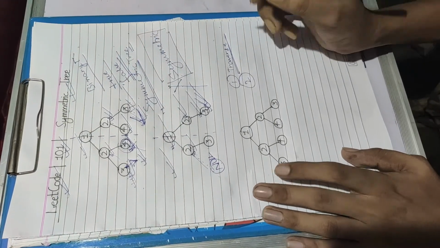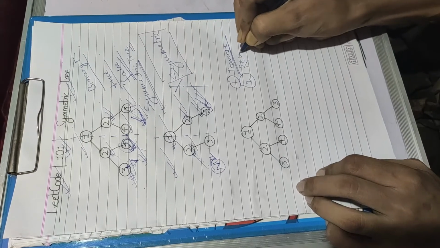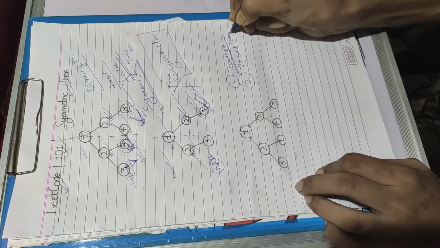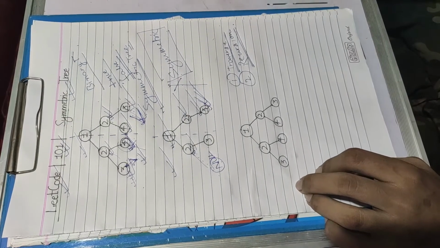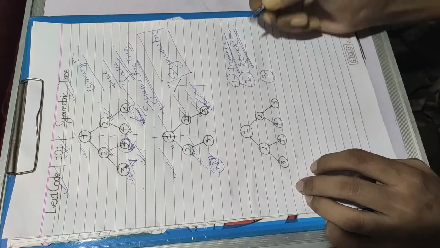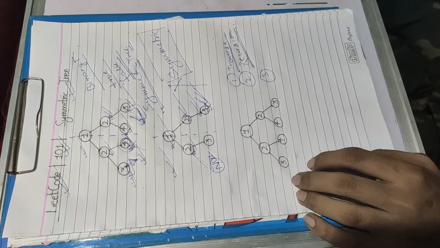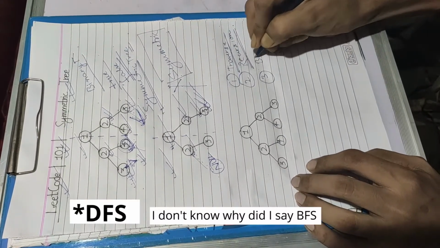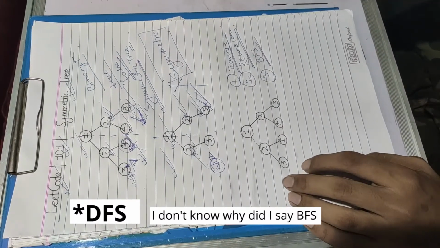Second thing, in traversing we will be using recursion. Now third, what type of traversal will we do? We will do a BFS, that is breadth first search.